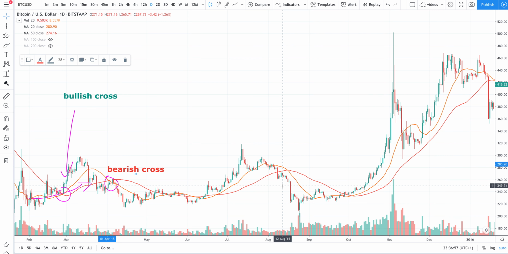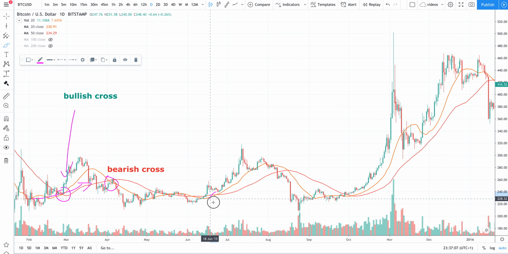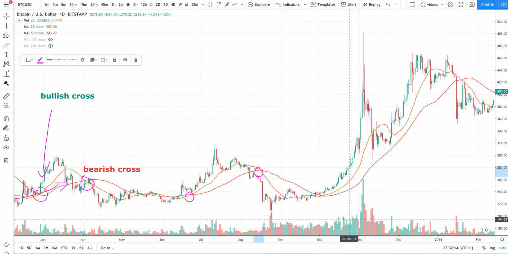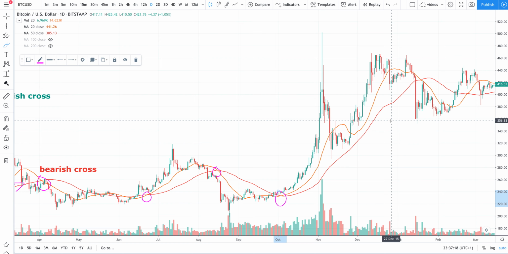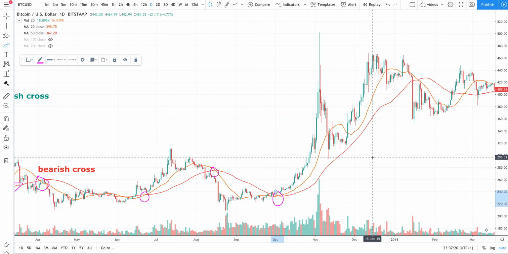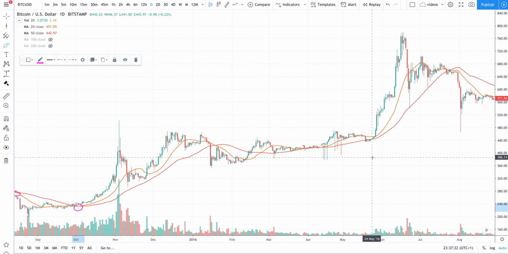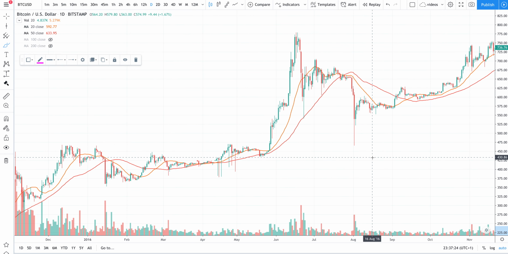You could simply trade using these bullish and bearish crosses, for example. You can see a lot of useful crosses. This is very nice.